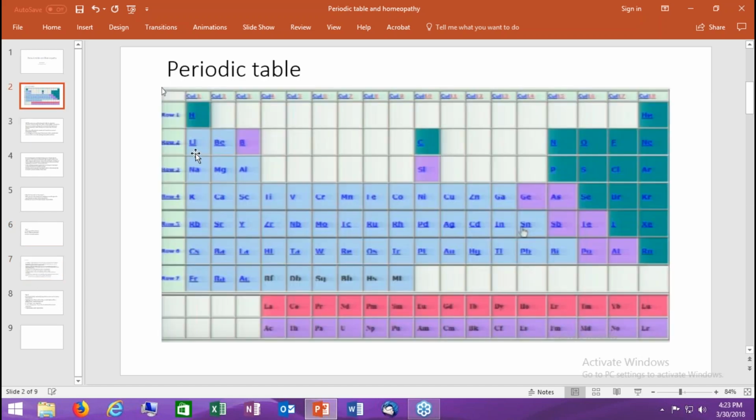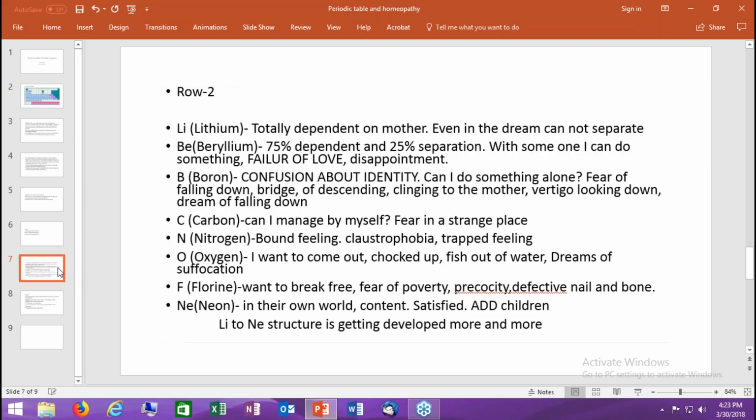Row 2, lithium. We will start with lithium. Lithium is a stage where self-existence is not a question. The person knows very well that I am existing, but there is a total dependence on a different person, maybe a mother or a wife or somebody else.